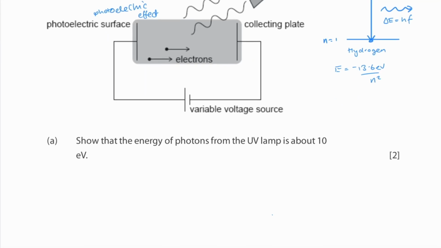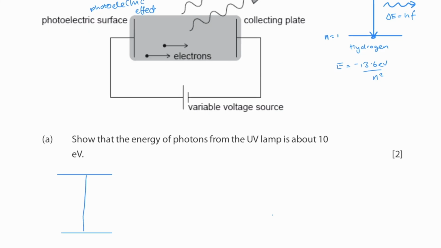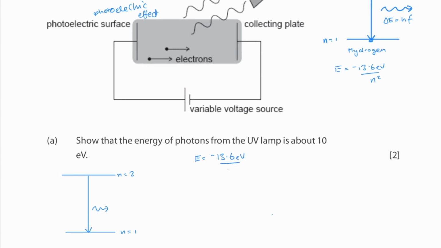So we want to analyse this concept we've just talked about, the concept of the electron jumping down from the first state to the ground state and releasing a photon. This is n equals 2, this is n equals 1. From the first state, the energy of the first state will be minus 13.6 electron volts divided by 2 squared, which gives us 3.4 electron volts.